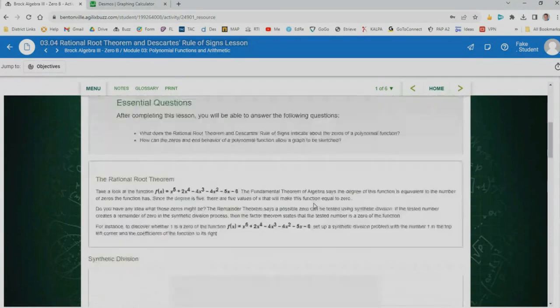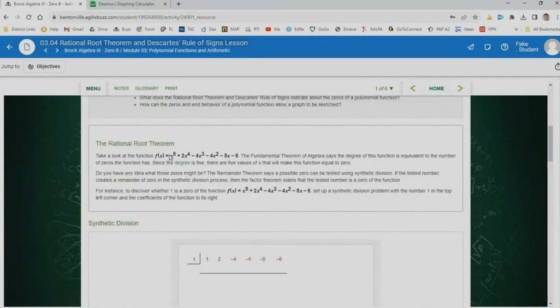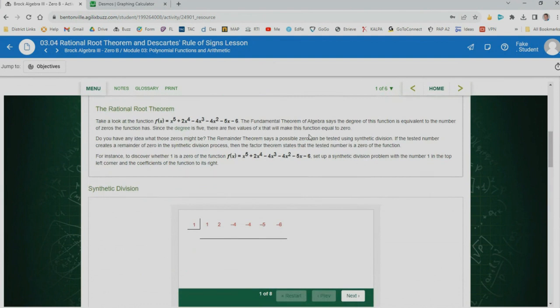But let's see. Yeah, here's that same thing. x to the 5th plus, it's the same problem we just played with. Take a look at this function. Right, so the fundamental theorem of algebra said that there are 5 zeros. Since the degree is 5, there's 5 values of x that make it equal to 0.